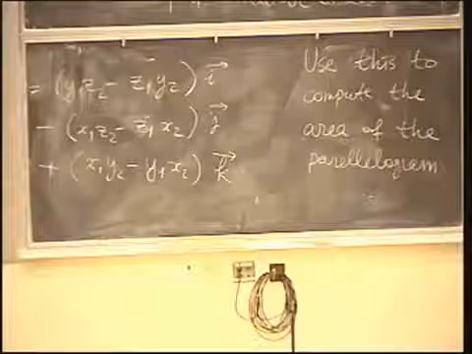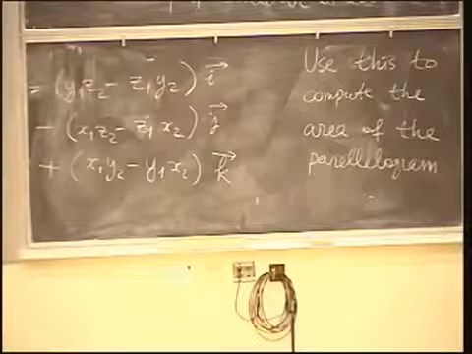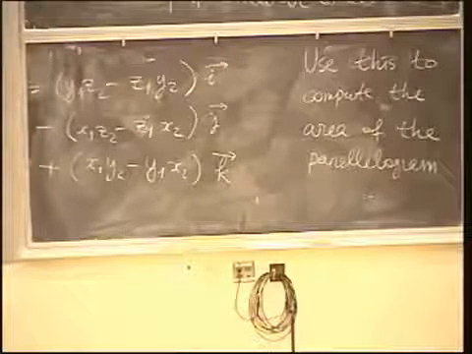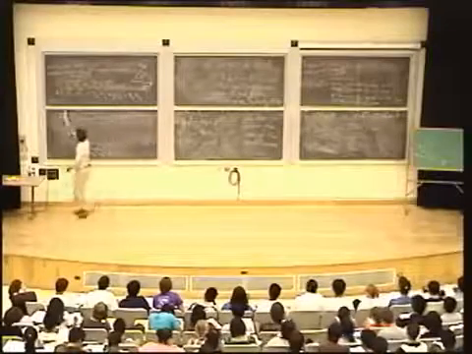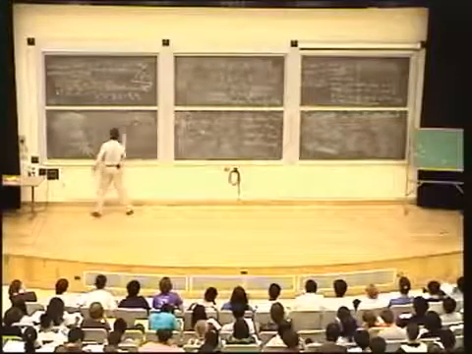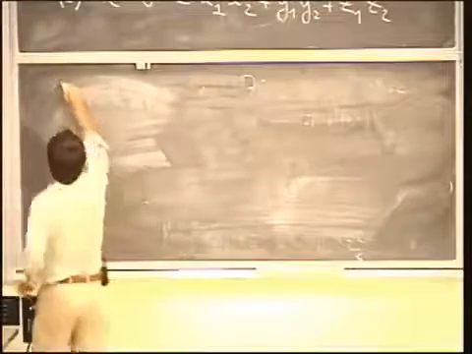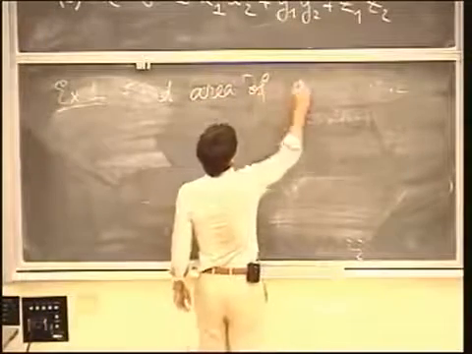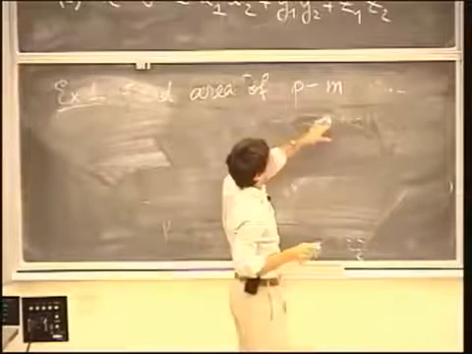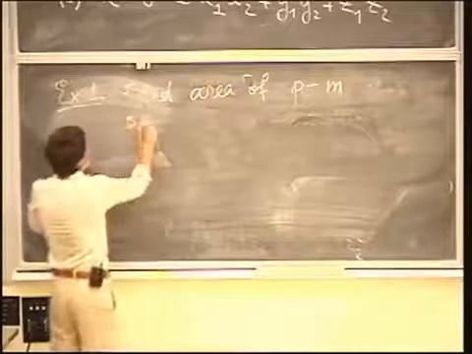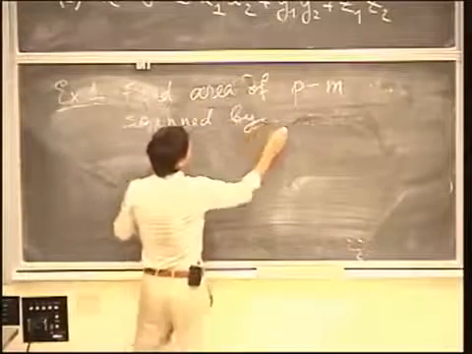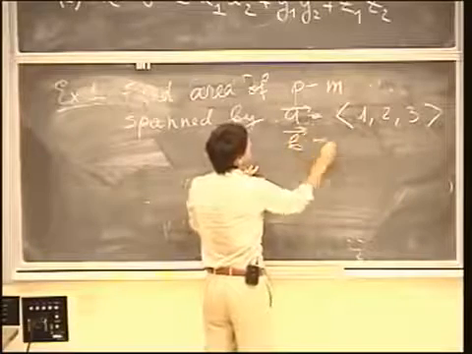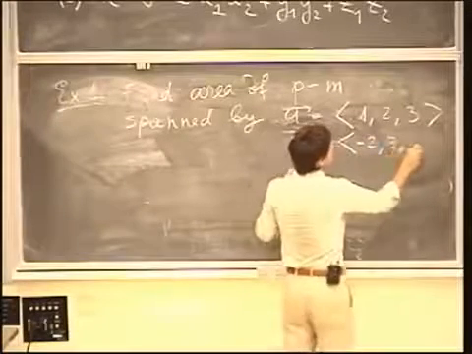Let's do some calculation. Let's say, for example, find the area of the parallelogram spanned by the vectors a, which is equal to (1, 2, 3), and b, which is equal to (-2, 3, 1).